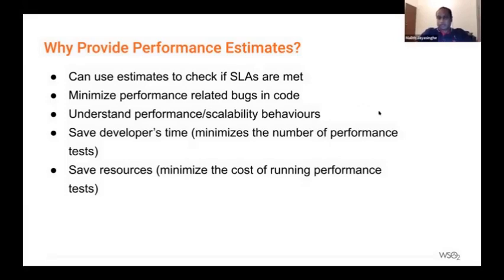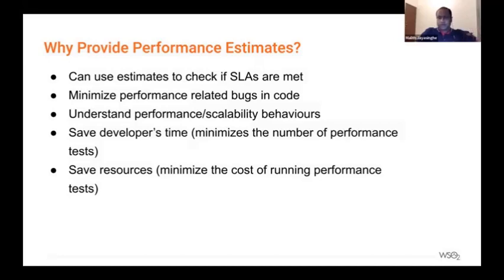So then the next question is, what is the benefit of estimating the performance? There are multiple reasons. First is that you are developing an API, and you may have a certain SLA, right? Without even running this particular service or application, you can see whether that SLA is satisfied, because if the estimate is accurate, you can trust it.